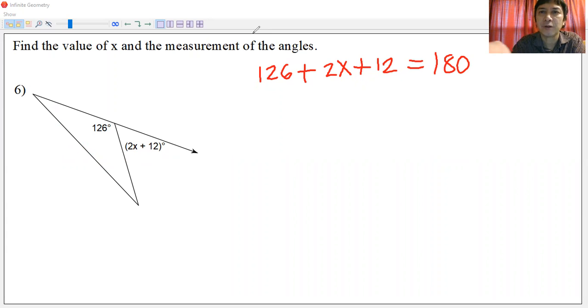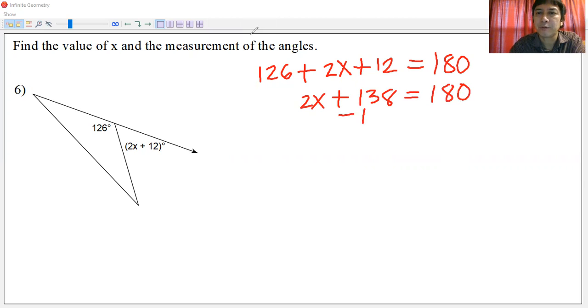We add 126 and the 12. So that will be 138. And that's equal to 180.